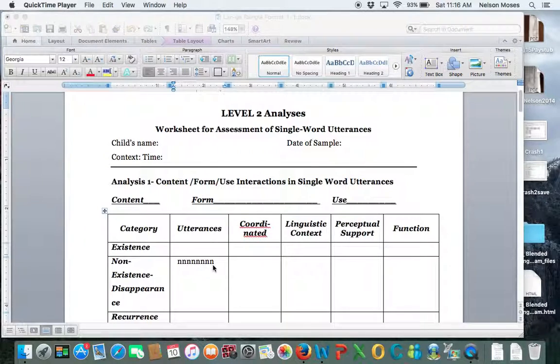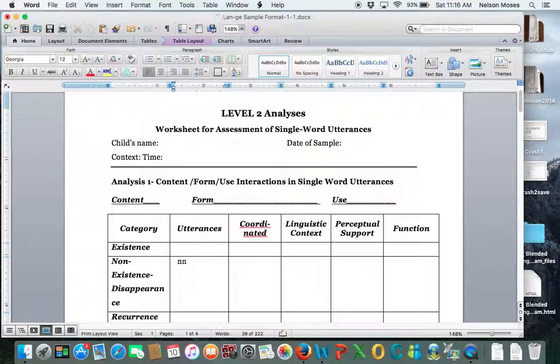An example might be, and I'm going to type while I speak, an example of a no syntax utterance would be all gone. All gone. Or more kitty cat. More kitty cat. That's because you don't know if that's a subject, a verb, or a complement of anything.